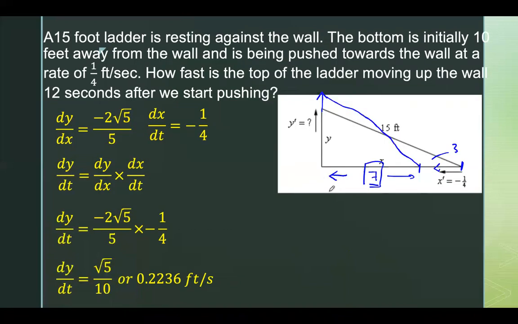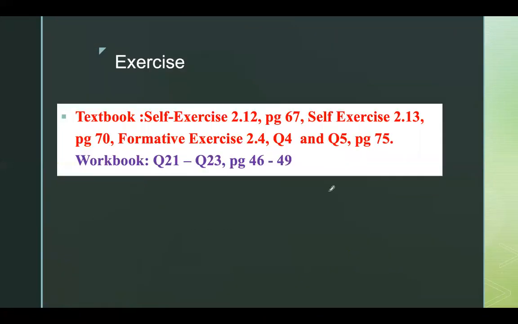The exercises you can do are textbook 2.12, page 67, and 2.13, page 70, and formative exercise 2.4, questions 4 and 5, page 75. So this is how you solve the rate of change of two quantities.